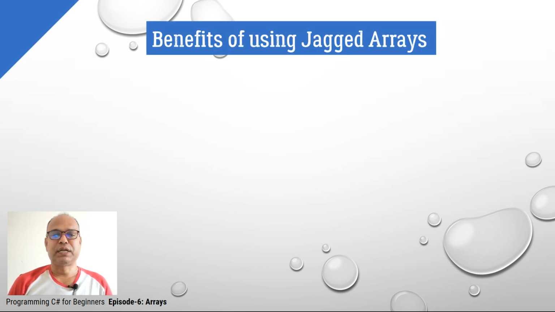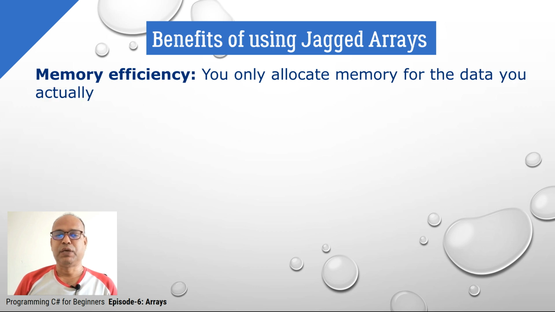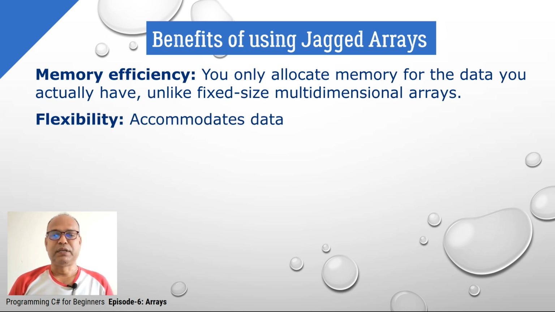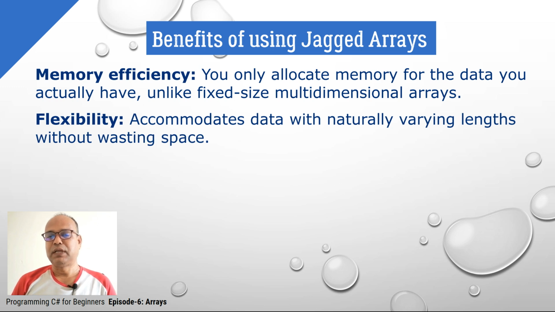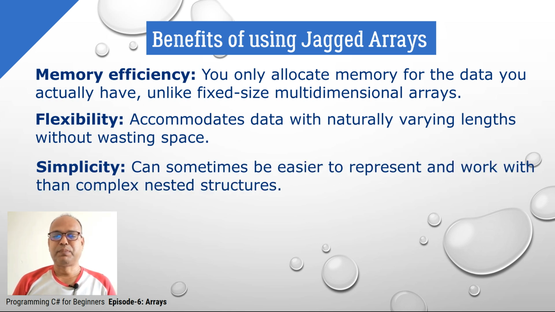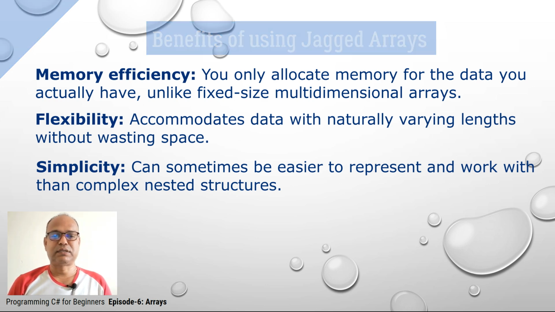Benefits of using jagged arrays: memory efficiency. You only allocate memory for the data you actually have, unlike fixed size multidimensional arrays. Flexibility: accommodates data with naturally varying lengths without wasting space. Simplicity: can sometimes be easier to represent and work with than complex nested structures.